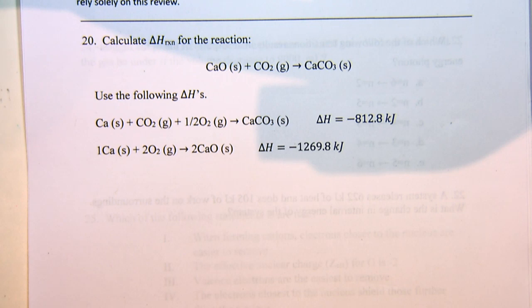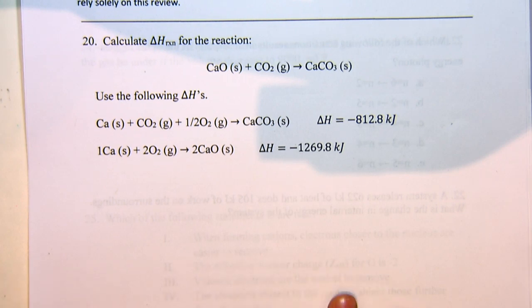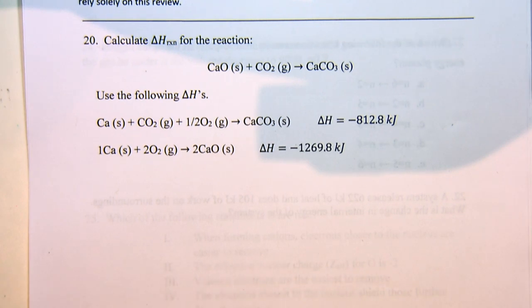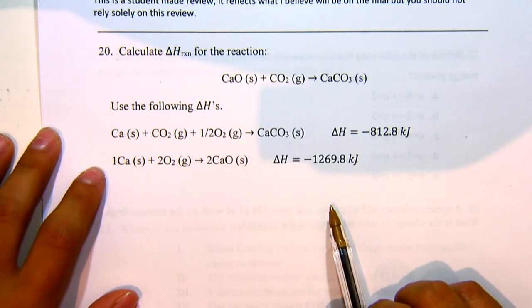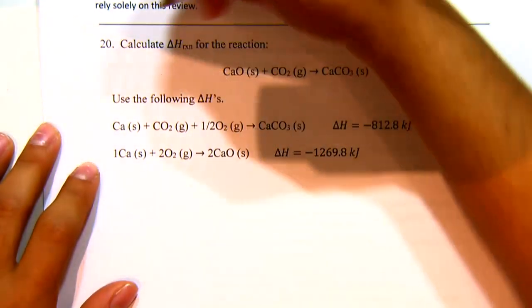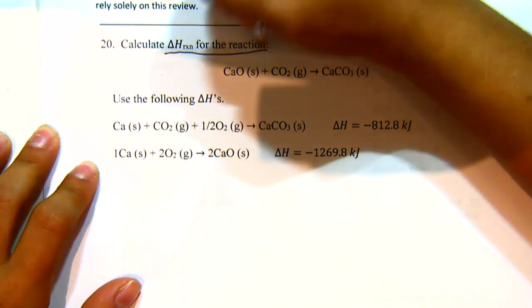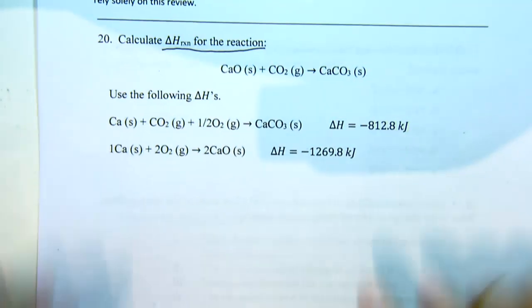Now this is the second part, and this is going to go through thermochemistry to gases. So this is a delta H of the reaction question, and if you remember, this is when you have to manipulate the equations that you got to get your total delta H for the reaction, because right now you just have parts of it.